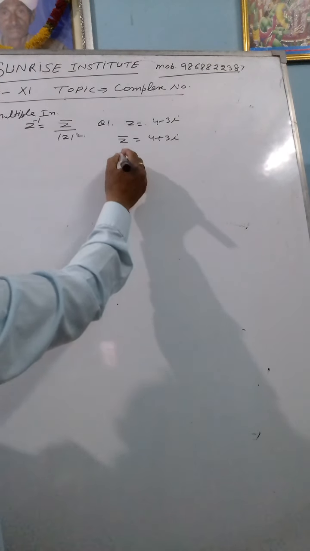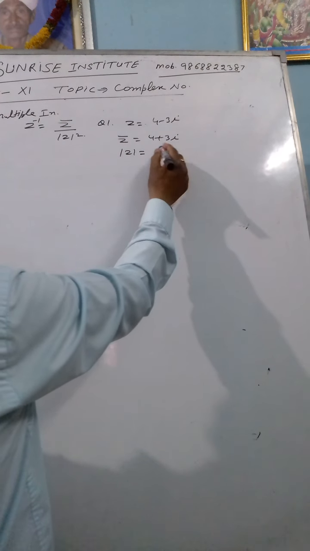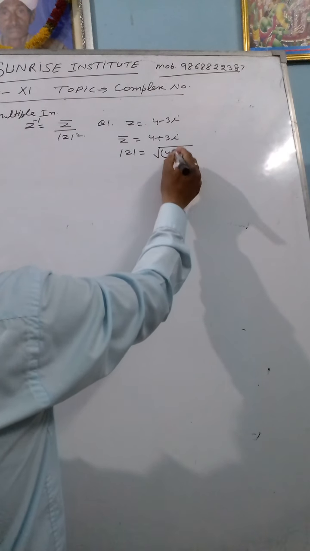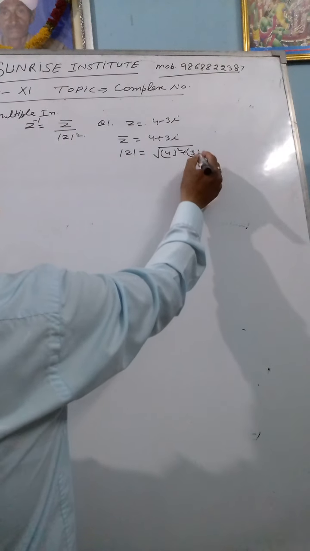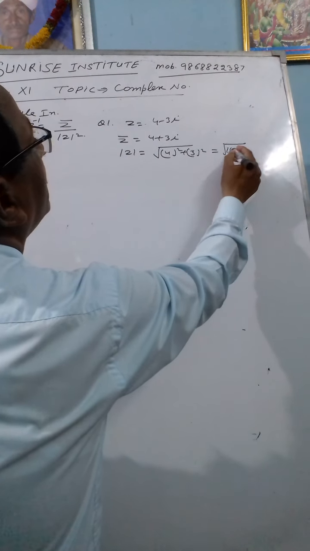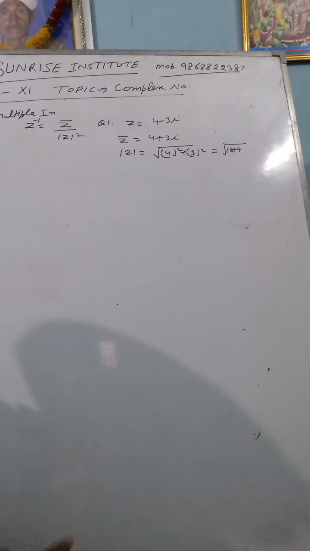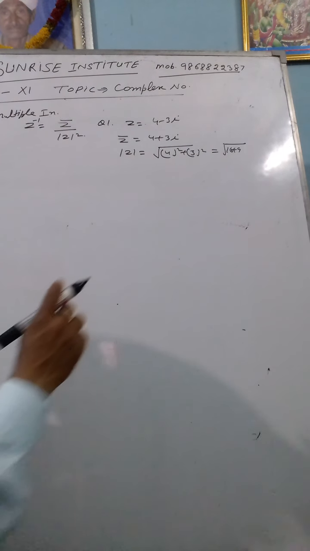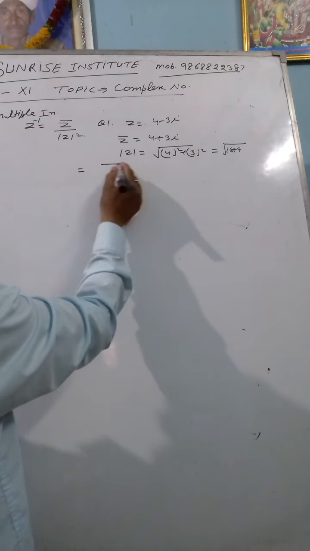Okay students, and the modulus of z is the square root of 4 square plus 3 square, that is 16 plus 9, which is 25.